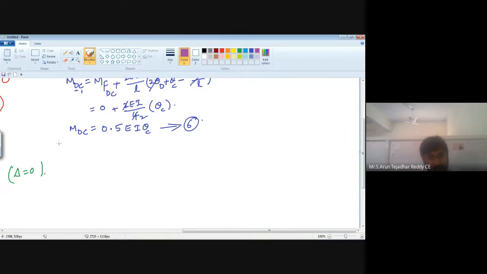Write down the joint equilibrium equation. First of all, I will consider joint B. In joint B, I have the BA member plus the BC member equal to 0.